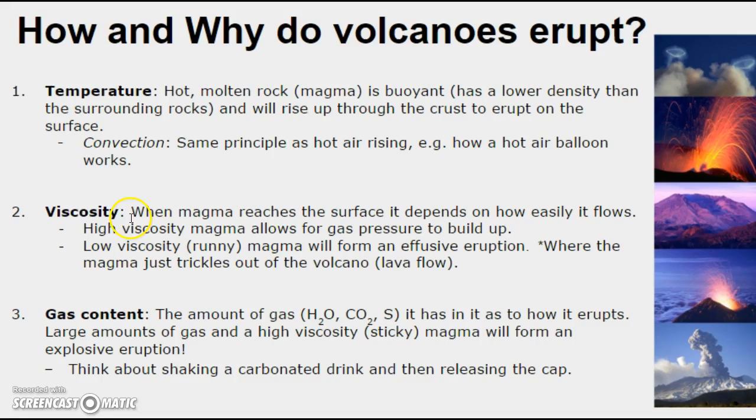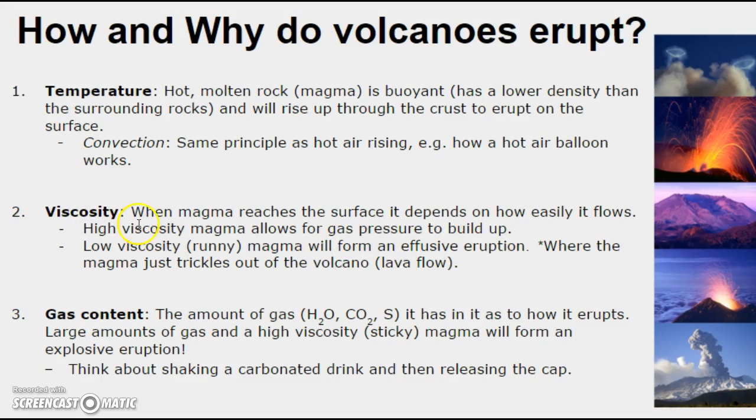But it also has a viscosity. The viscosity is when the magma reaches the surface. The eruptions can depend on its viscosity itself. High viscosity magmas are going to lead to high pressure buildup of gases internally, leading to really violent eruptions. Whereas low viscosity, the runny magma, like our basaltic magma, is going to lead to very, very mild eruptions.